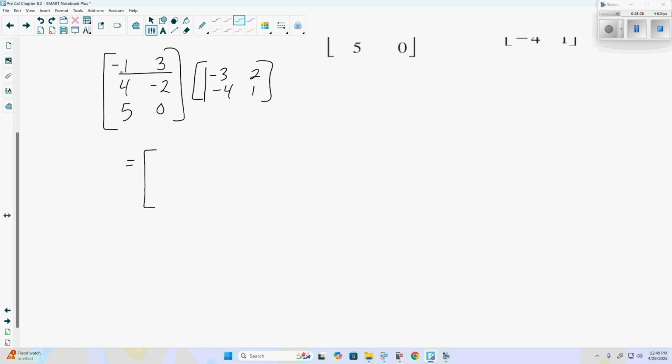So we'd have negative 1 times negative 3, and add to it 3 times negative 4. And if there was another column, another row, we would keep going in that fashion. But since there's not, we move on to the next one. So we say negative 1 times 2 plus 3 times 1. And since there are no more rows to multiply through, we're good.